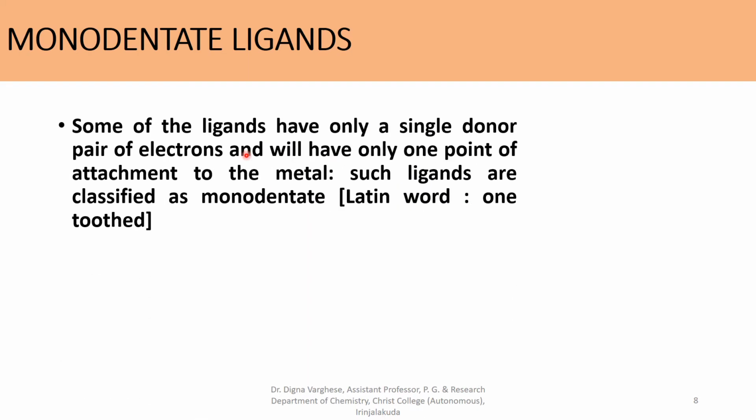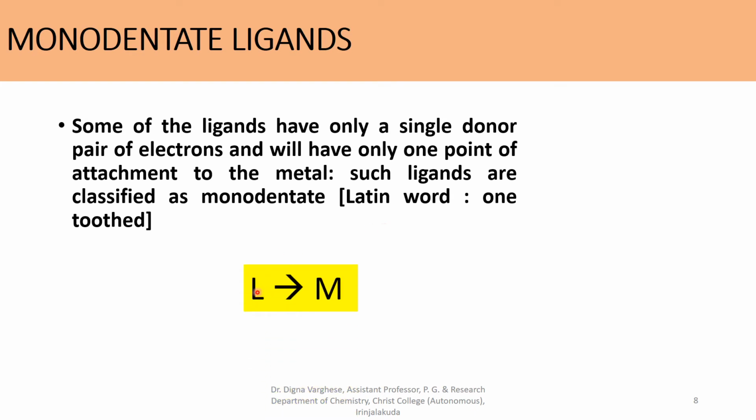Some of the ligands have only a single donor pair of electrons and will have only one point of attachment to the metal. Such ligands can be classified as monodentate. This word is coming from the Latin word that is one tooth.